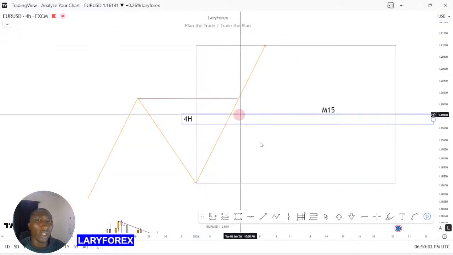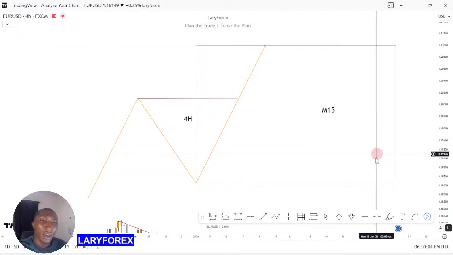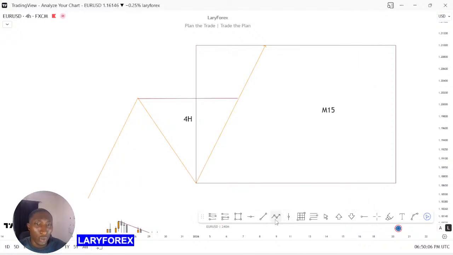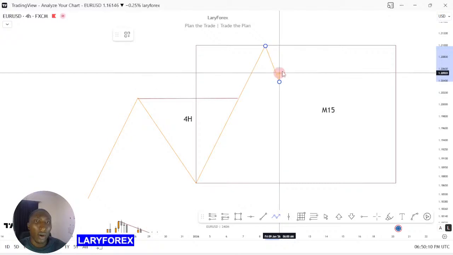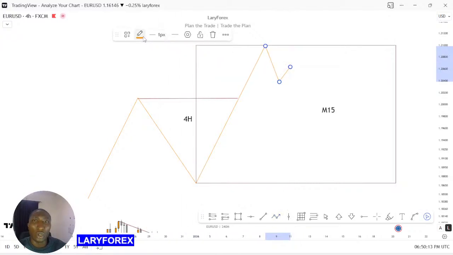But even though we are still bullish, if you go down to a lower time frame like the 15 minutes time frame, you start seeing a bearish trend. Now this bearish trend will look something like this. Let me change this color.